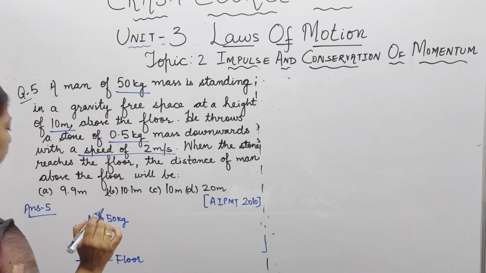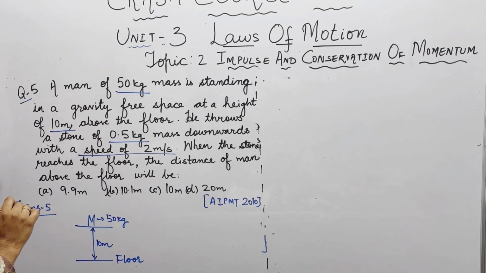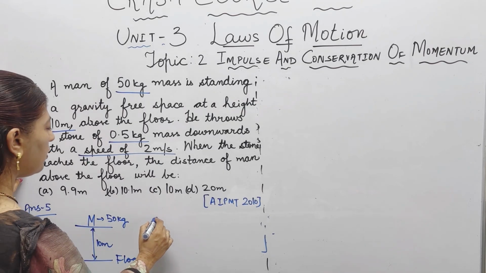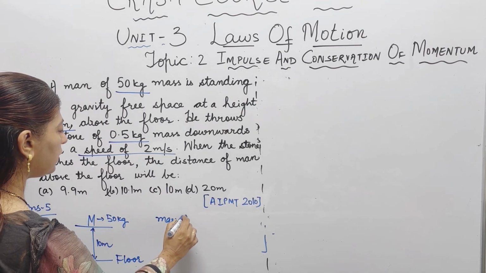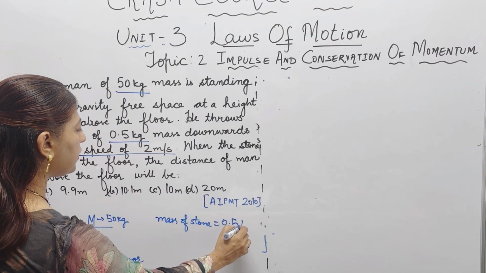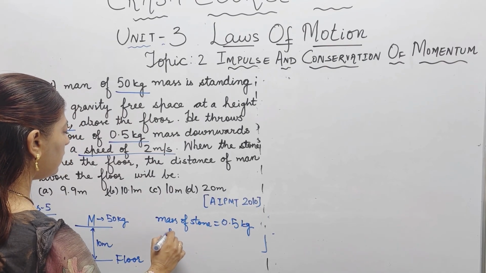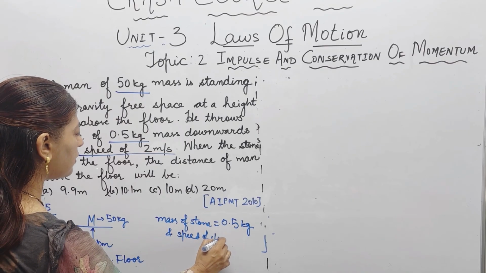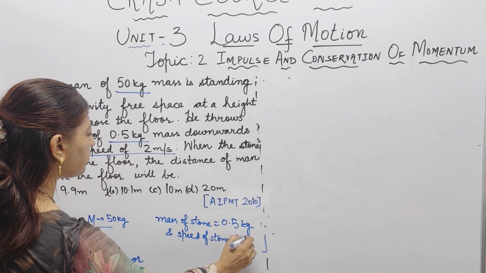This is the floor. He throws a stone of 0.5 kg mass downward with a speed of 2 meters per second. The mass of the stone is 0.5 kg and the speed of the stone is 2 meters per second.